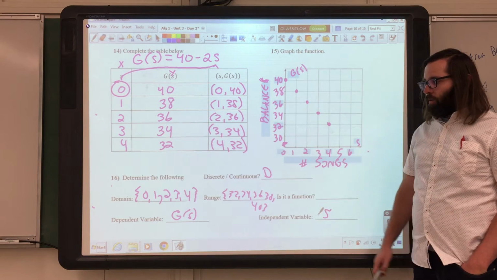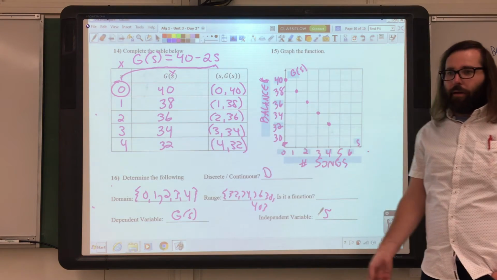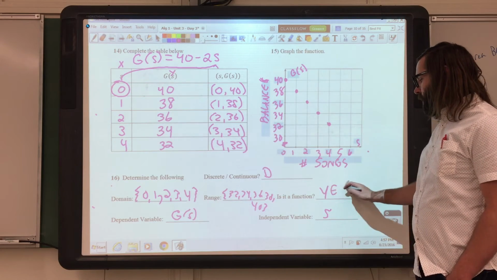Is it a function? Are there any duplicate x's? No. So it is a function.